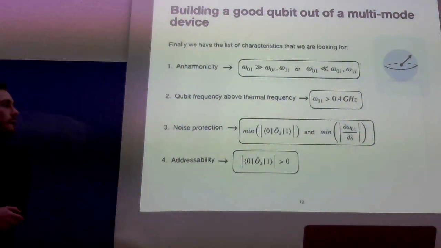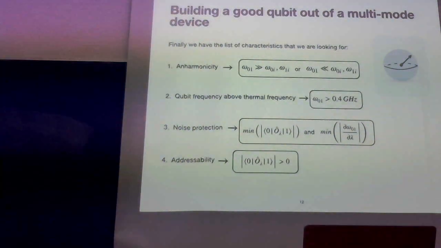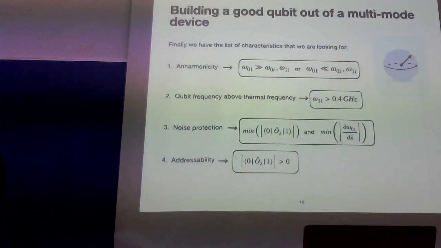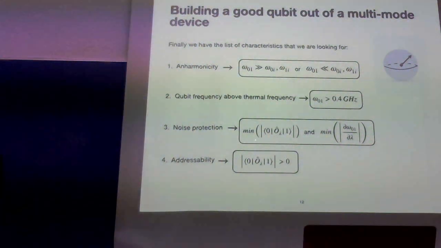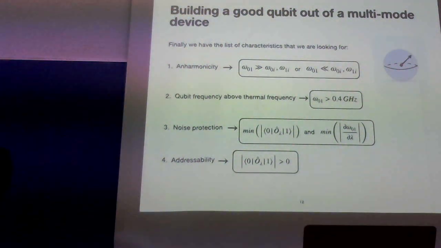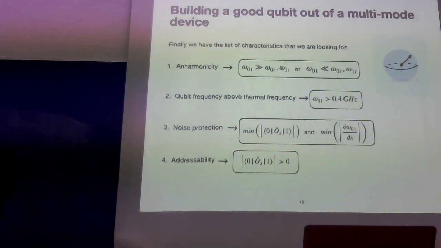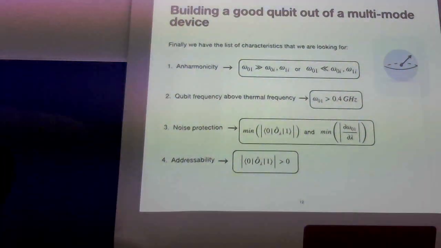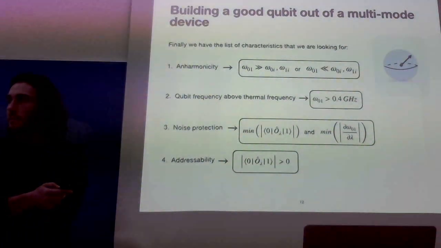Does that ensure you have non-resonant noise? No, this is so that thermal excitations don't affect your qubit, but this is not the same. This is, for example, charges, extra electrons or extra Cooper pairs that get into one island, so that they don't modify your system characteristics, basically. Okay.